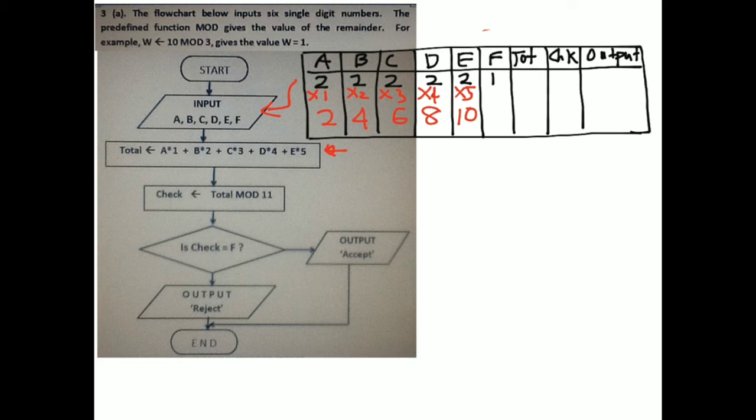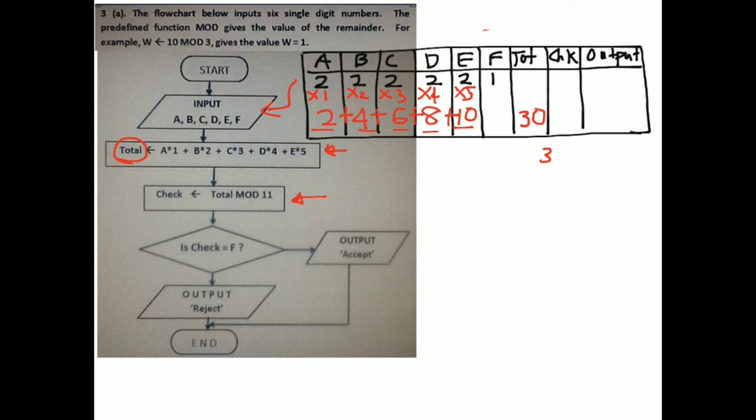So next in the process is to get the total. Total means just to total up everything here after you multiply them together. We have 10, we have 20, we have 30. So actually our total is 30. Next is the process symbol of checking, whereby you need to divide this by 11.